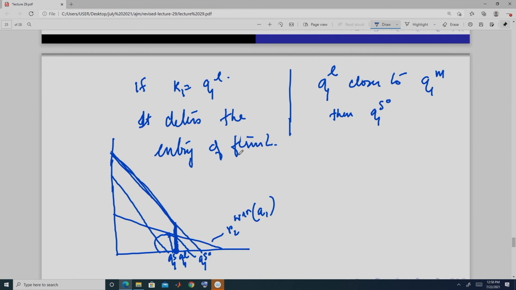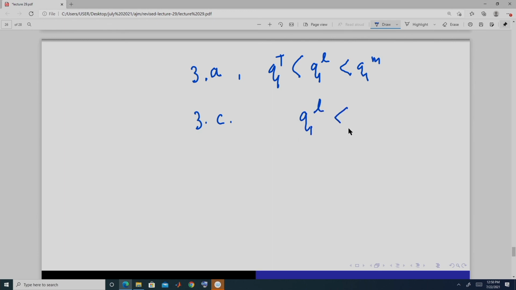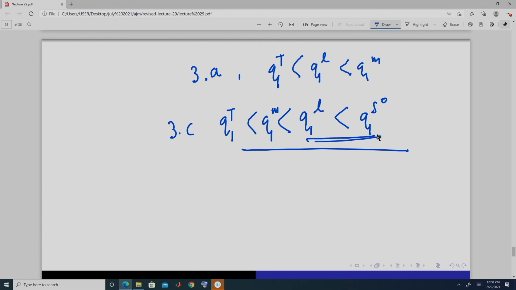So what do we get? We get that farm 1 can deter the entry of farm 2 in this situation, in case 3A, where Q1L is less than Q1M, and in case 3C, when Q1L is less than Q1S0, and this is So, this is the important thing.